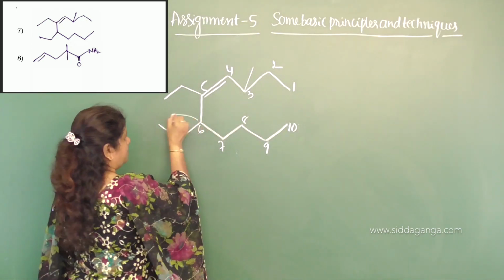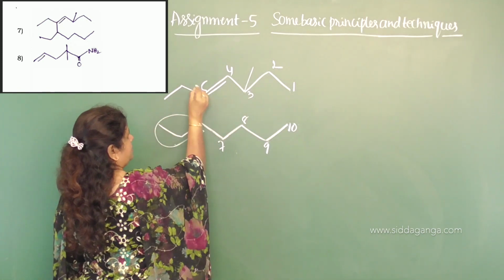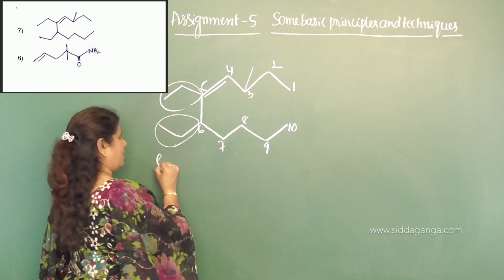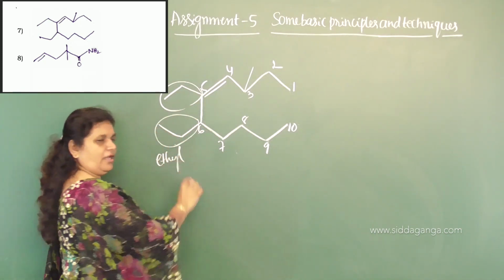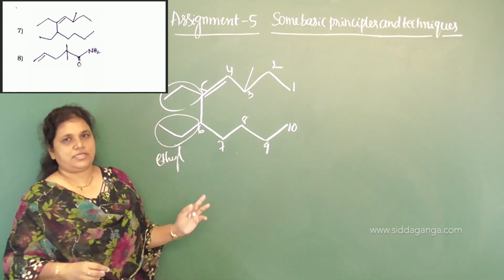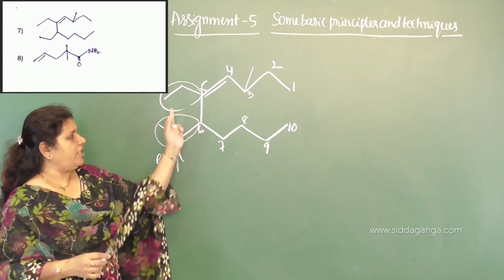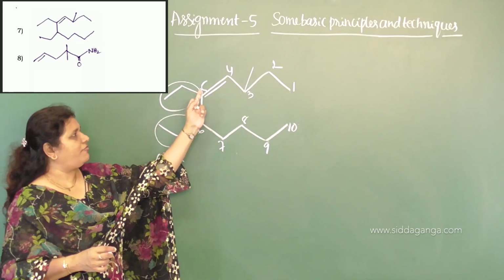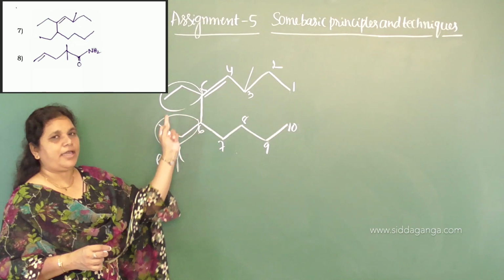Now these two become substituents. What is the substituent group? CH2CH3. It is nothing but an ethyl group, correct? Two ethyl groups are there on the 5th and 6th carbon. So therefore 5,6-diethyl.